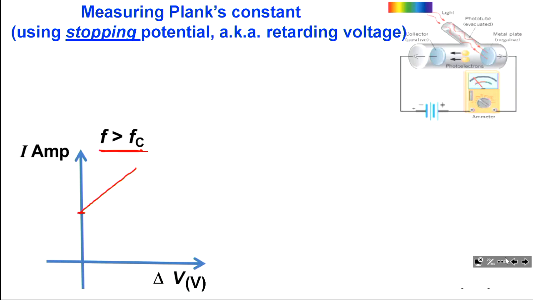But if we flip the polarity, we start slowing down electrons, and eventually electric current becomes zero. This is the stopping potential or retarding potential, critical value. And as we know, this is the amount of work done by electric field to stop electrons, which should be equal to the initial kinetic energy of those electrons.